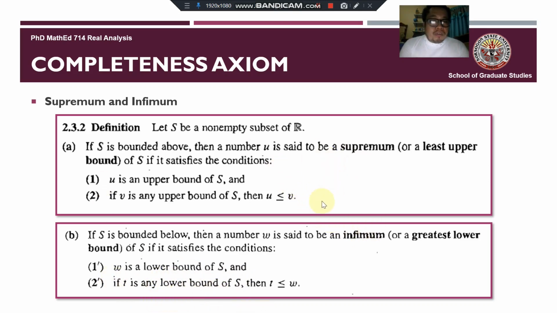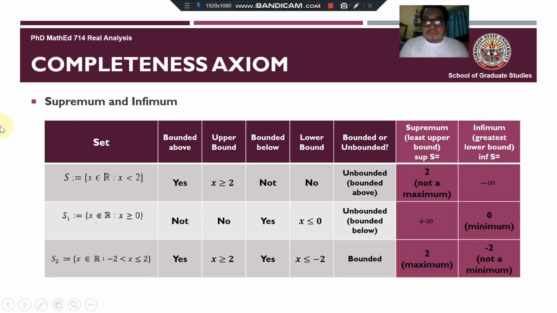Let's go back to the given examples a while ago and try to identify whether those sets have a supremum and infimum. For the first set, we have x is an element of the set of real numbers and x is less than 2.